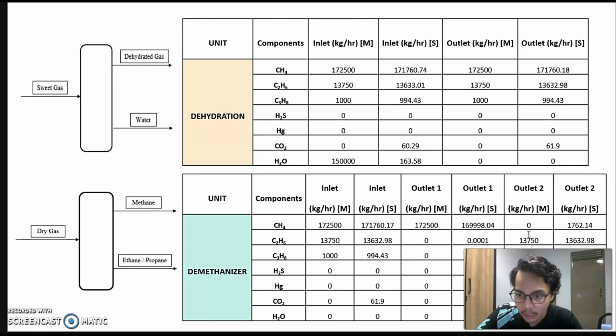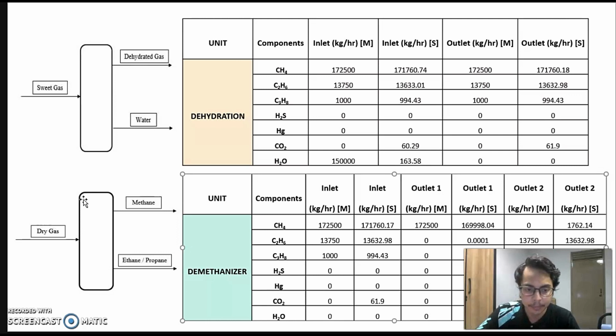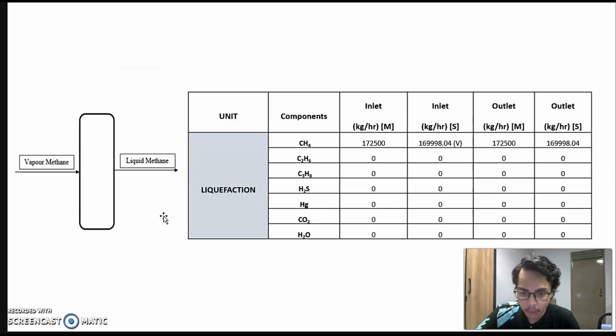From here we can see outlet 1, which is totally methane in the manual and mainly methane with a very small amount of ethane in the simulation, and outlet 2, which is mainly ethane and also propane. Next is liquefaction. Basically we just want to convert methane from vapor phase to liquid phase, and there are no losses during the liquefaction.